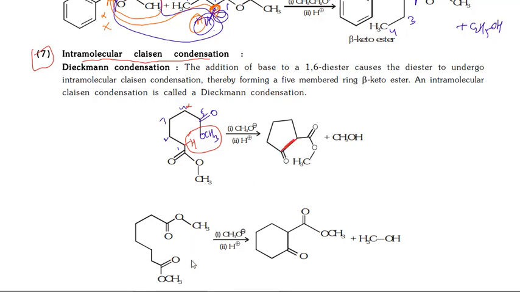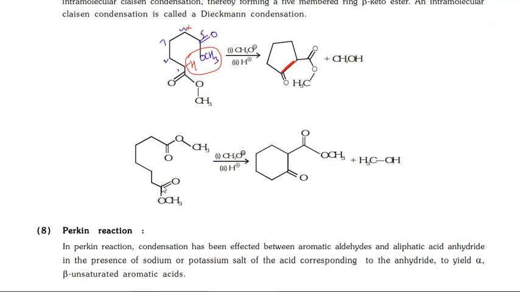Similarly here, this is the alpha position, one hydrogen is there. I can take this hydrogen. You can take any hydrogen, both are same, but the upside functional group is already there, that's why I am taking this one. So remove this hydrogen and this methoxide, then you can see the numbering here.